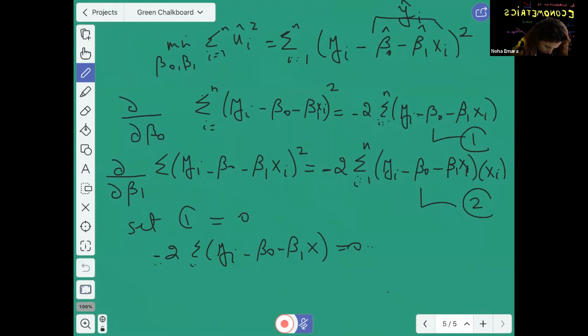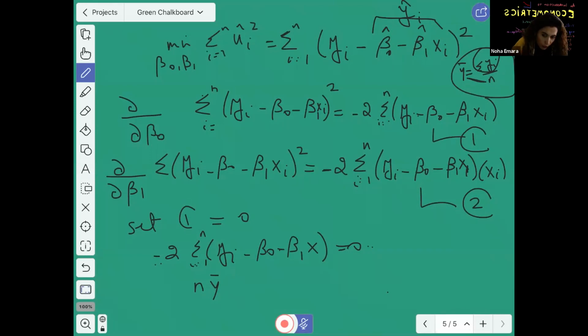The sum from i equals 1 to n of y_i, I can replace by n times y bar. Why? Because I know that y bar is equal to the sum of y_i over n. It's the average, so I can always remove this and type n y bar instead. Next, the summation goes inside with the beta naught.